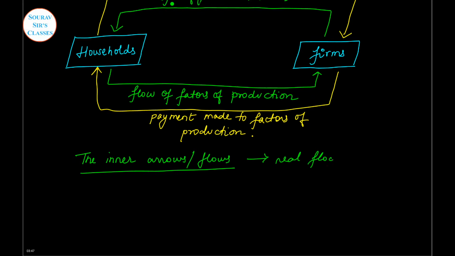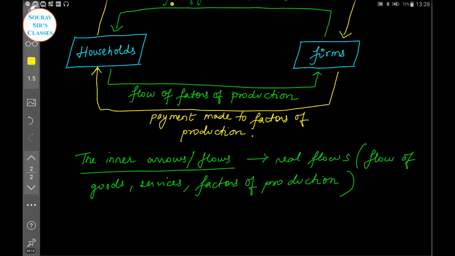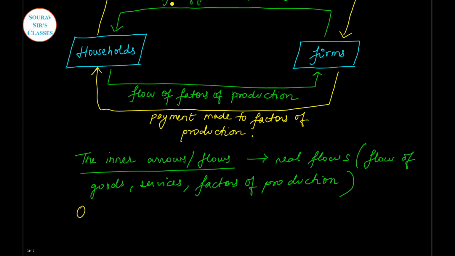That means flow of goods, services, factors of production, etc. Okay, whereas the outer flows, or the flows that are indicated by the yellow line, indicate money flow.